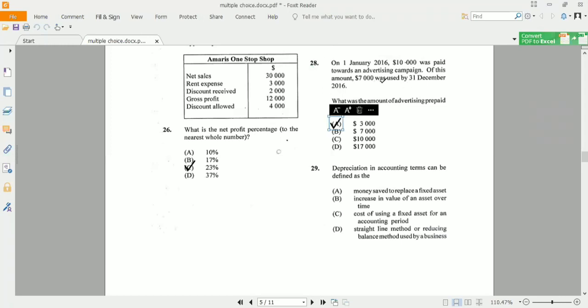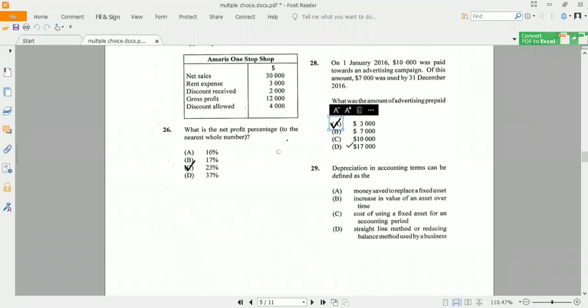Lovely. The 7,000, if they had asked you what is the amount to be recorded in the profit and loss account for the year, you would have used the 7,000 because you would show the amount that was used up for the year. So if it's not used up, it means that it will roll over to the next financial year. So therefore, that 3,000 is what is prepaid.